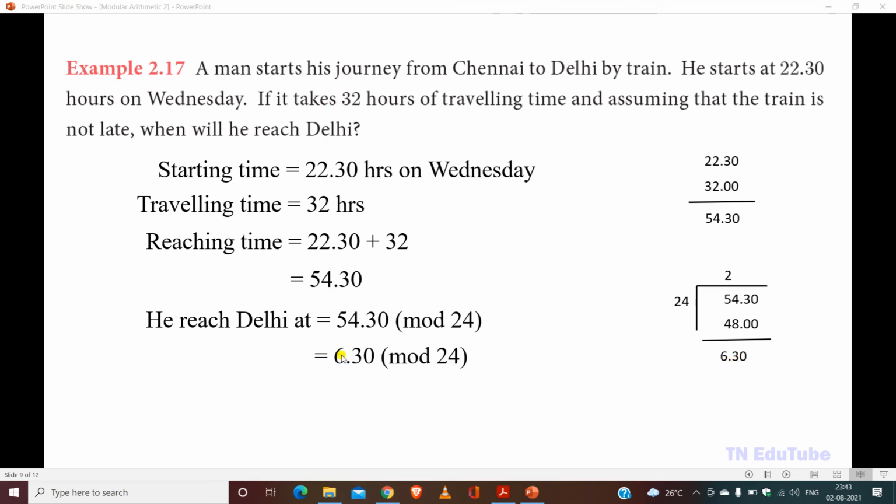So he reached Delhi at 6:30, but which day? His starting time is on Wednesday, isn't it? How will you find that day? The 32 hours traveling time, you also have to divide by 24. By Euclid's division lemma, 32 divided by 24 gives the remainder 8.